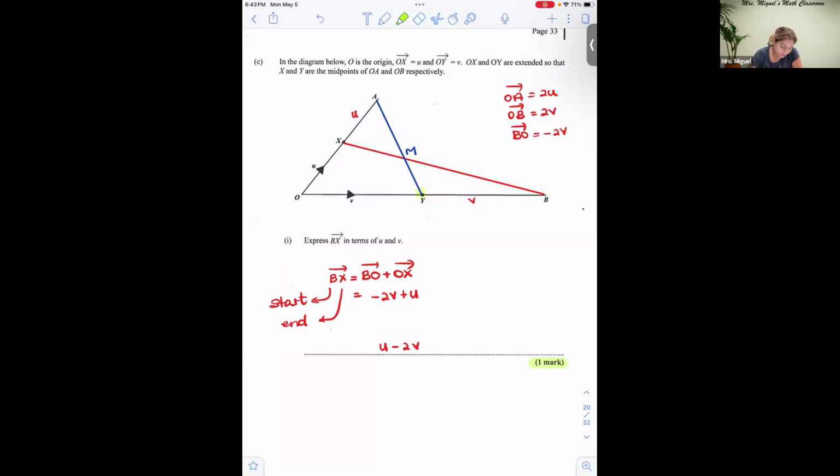So the first vector we're going to find is YA. And YA is really YO plus OA. So let's find that first. So the vector YA is YO, we have that, plus OA. So go ahead and find YO for me. YO plus OA. Everything is there in the diagram.